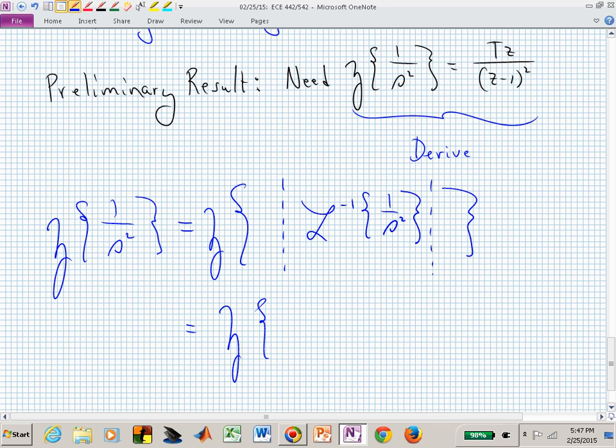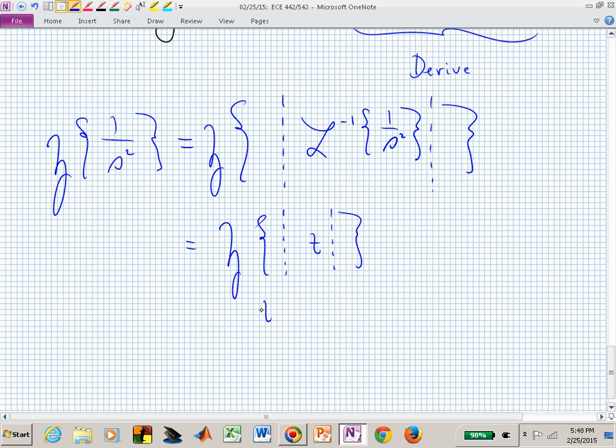We're integrating, and if we integrate a constant, what do we get? Now we get a ramp. So the inverse Laplace transform of 1 over s squared is actually going to be this ramp. And let's just assume that we are dealing with a causal system, so we're going to say t is greater than or equal to 0.